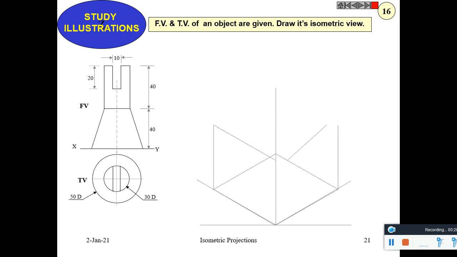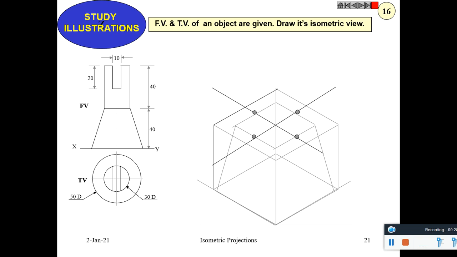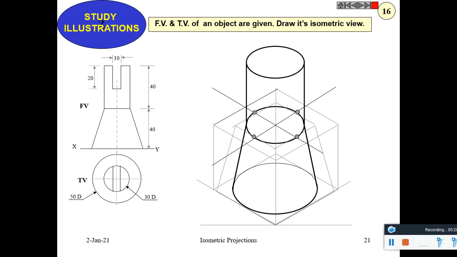So the base is drawn first, and this top portion is drawn. So it cannot be seen. These are hidden portions. This is hidden.